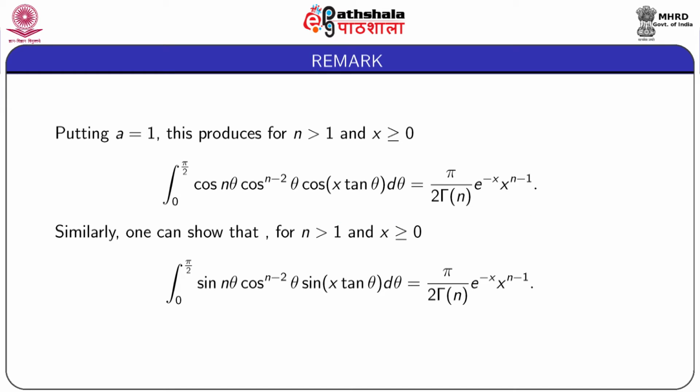Similarly, one can show that for n greater than 1 and x positive, integral from 0 to pi by 2 sin n theta cos to the power n minus 2 theta sin of x tan theta d theta is equal to pi by 2 gamma n into e to the power minus x into x to the power n minus 1.